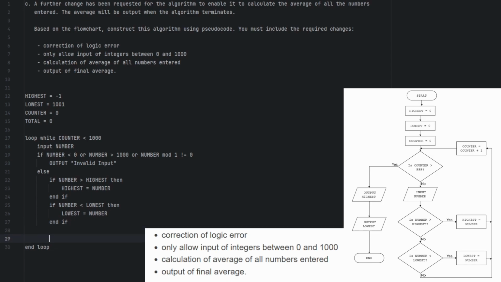We have to remember we have to increase our total. Total equals total plus number. Counter equals counter plus 1. And our average will be total divided by counter.